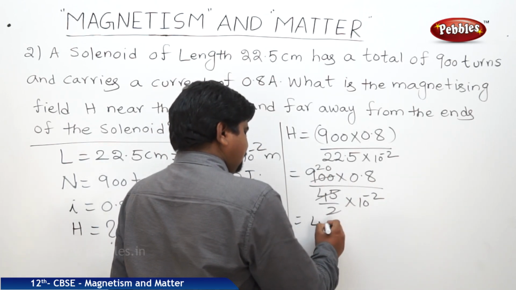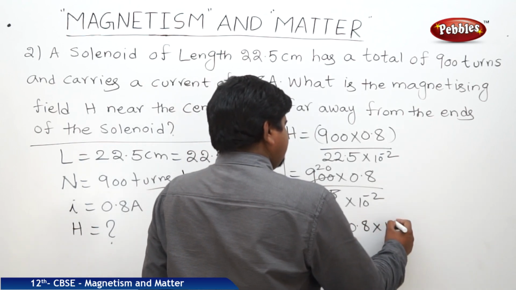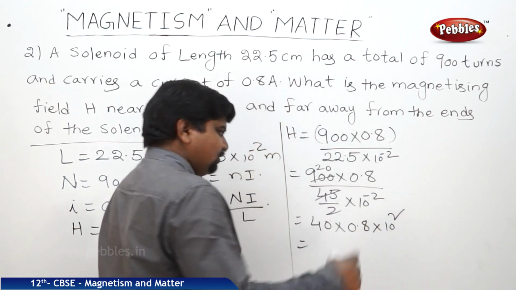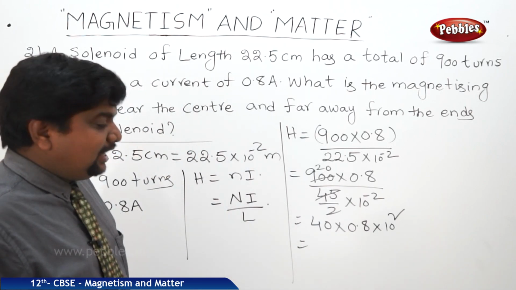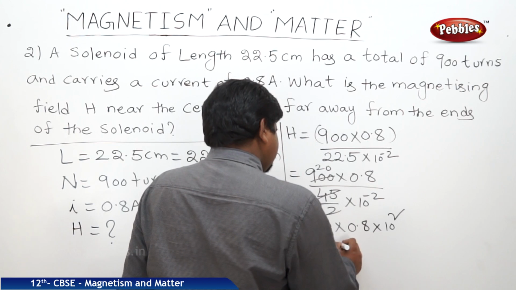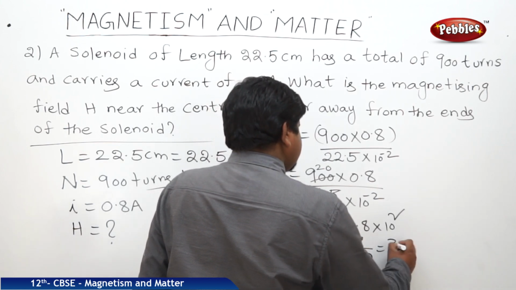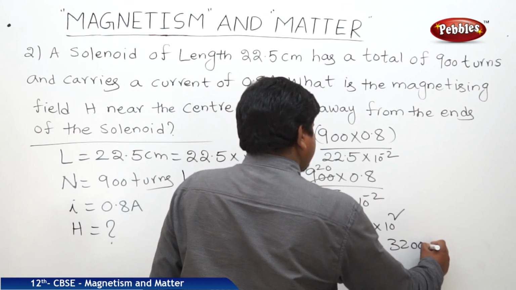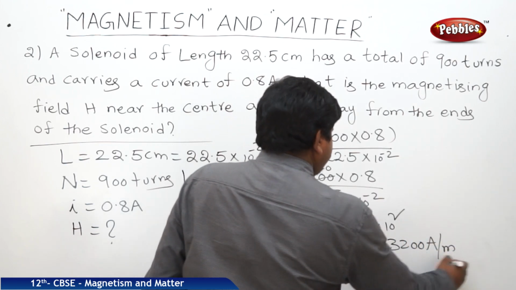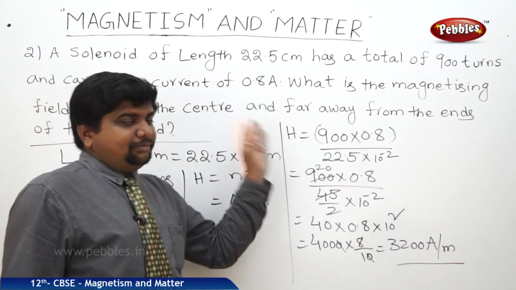You will get 40 into 0.8 into 10 square, 4000 into 8 by 10, 3200 A by M. So this much H will be produced for these dimensions.